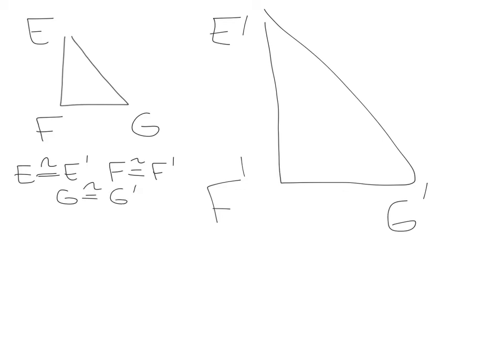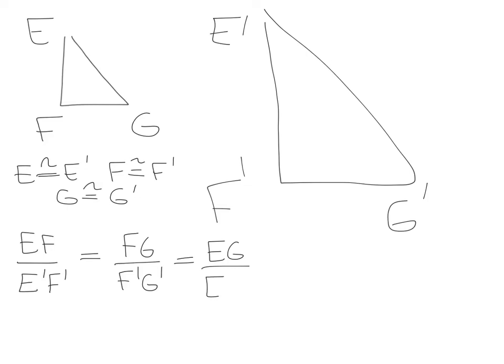Now the sides being proportional, this is where we've talked about ratios in the past. Not in geometry, but you've talked about them in algebra, and we're talking about them in geometry again. So side EF is proportional to side E prime F prime. And that's equal to FG over F prime G prime, is equal to, what are we left with?